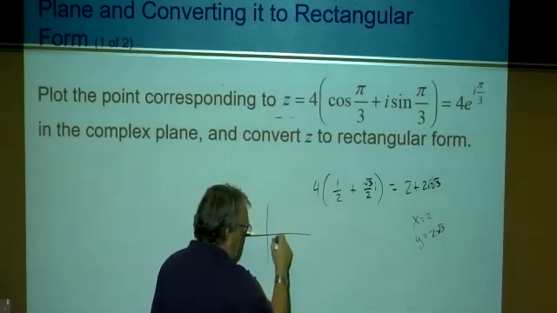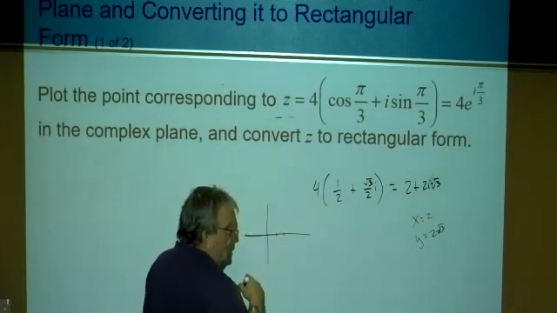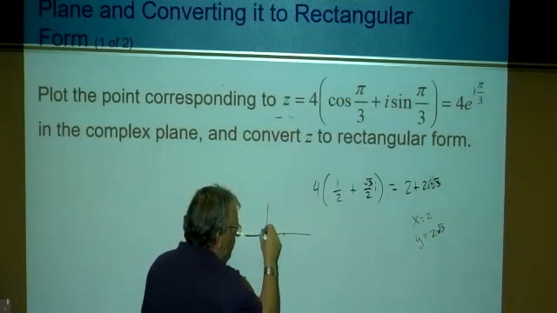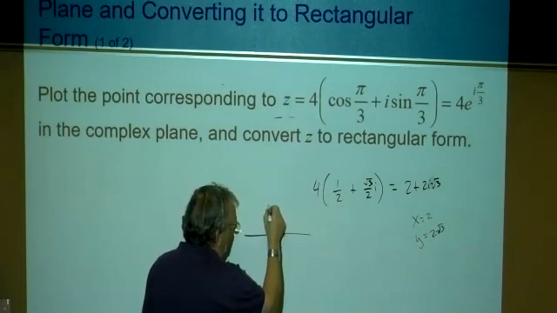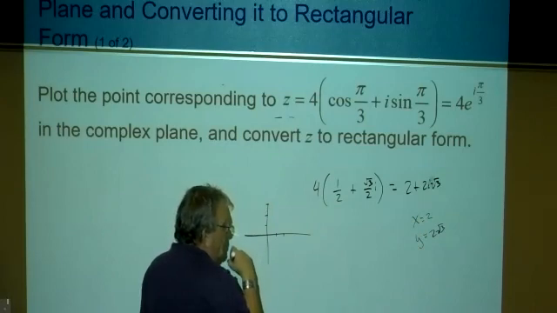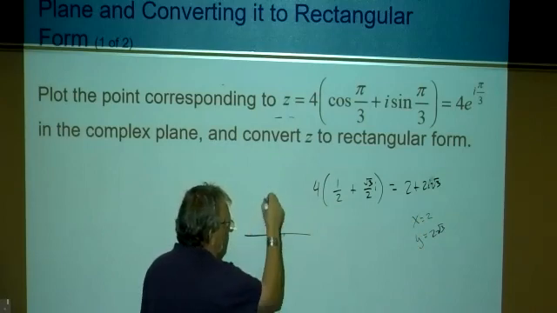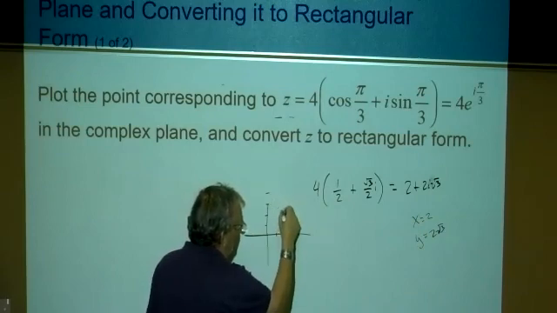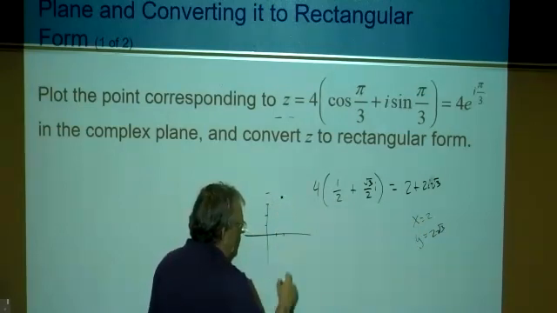And so 2 units this way, and 2 times the square root of 3 is more than 2, less than 3. So it's going to be up here somewhere.